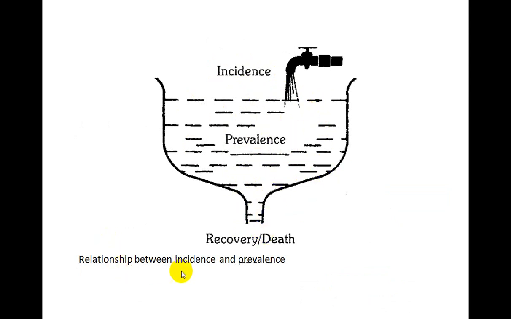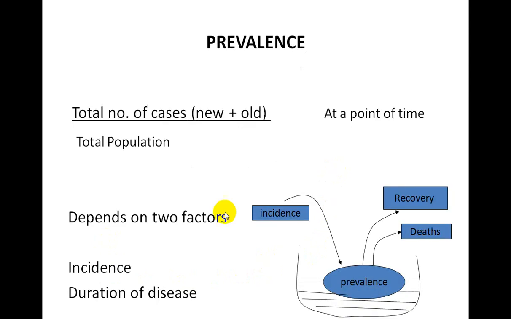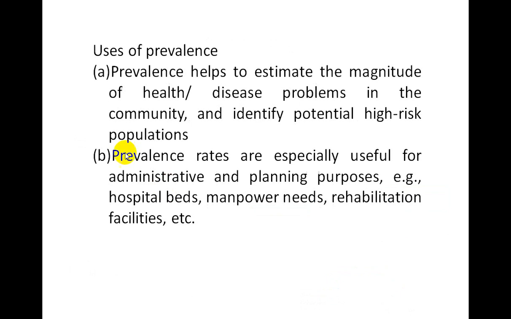So this is the relationship between incidence and prevalence. Prevalence, the total number of cases, that is new plus old cases, divided by total population at a point of time, depends on two factors: incidence and duration of disease.